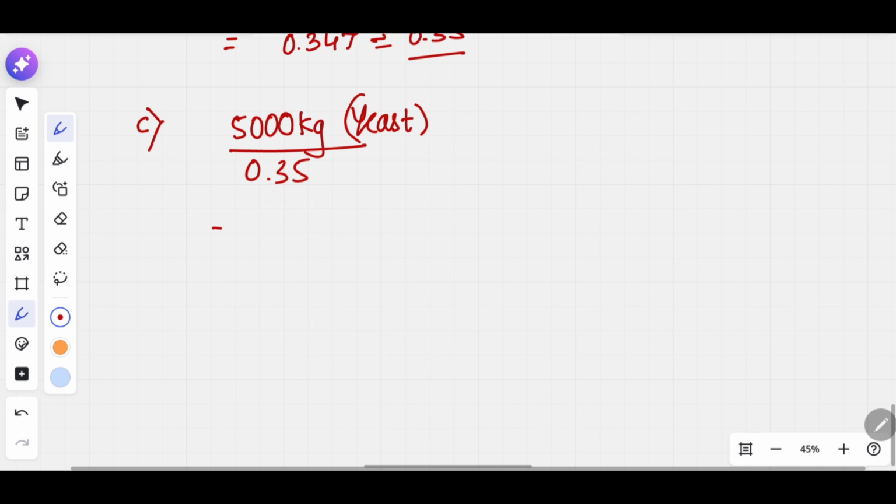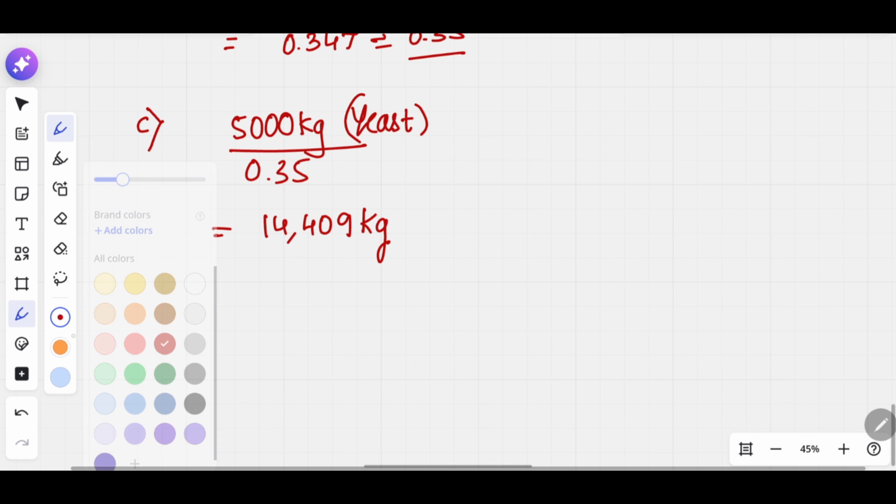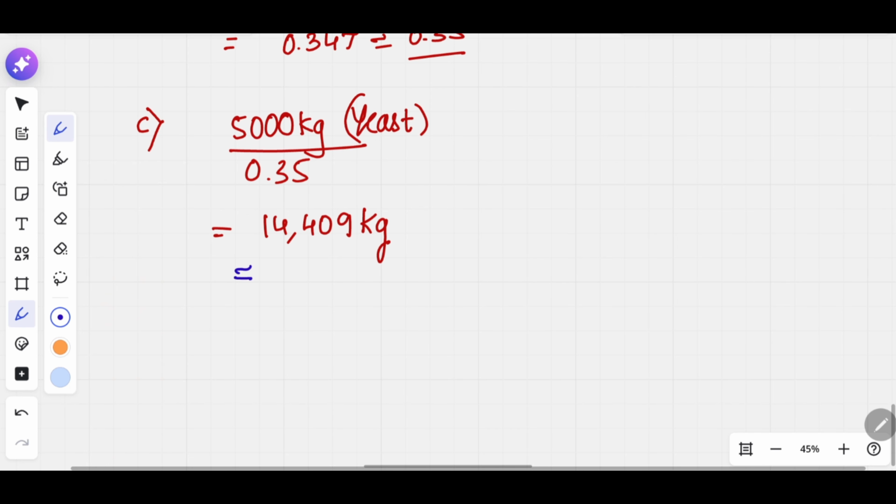And the answer we get here is 14,409 kilograms. Let us round it off to 14.4 tons of glucose.